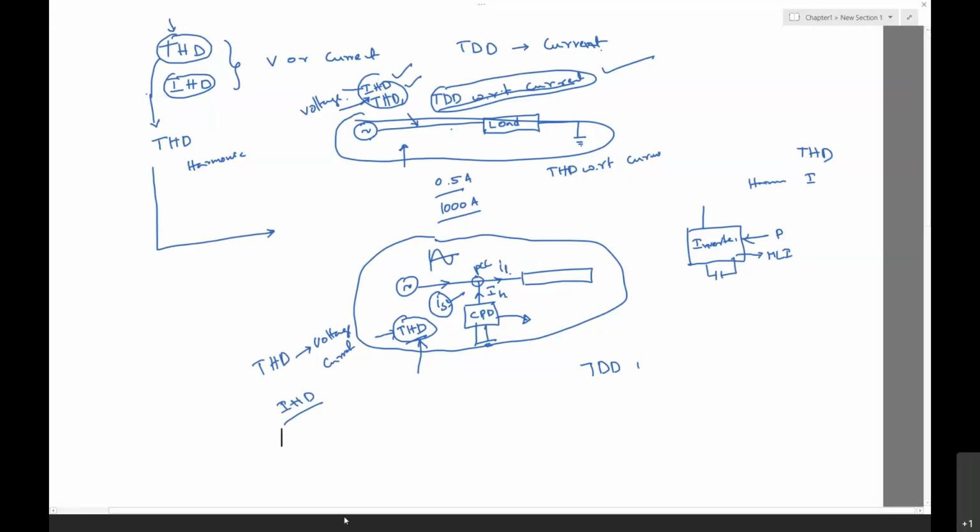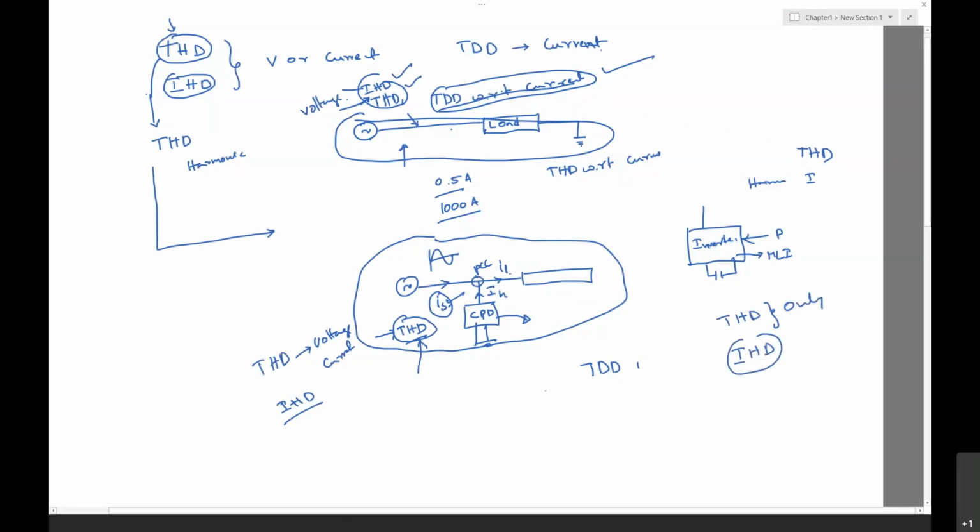Generally, in the literature, for any kind of device in inverter applications, they go for THD only, the total harmonic distortion only. But in some cases they go for the individual harmonic distortion. Why?